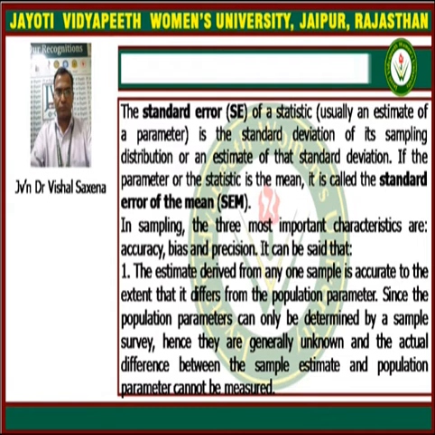Since the population parameters can only be determined by a sample survey, they are generally unknown, and the actual difference between the sample estimate and the population parameter cannot be measured. That's why accuracy is an important characteristic for the sampling distribution.